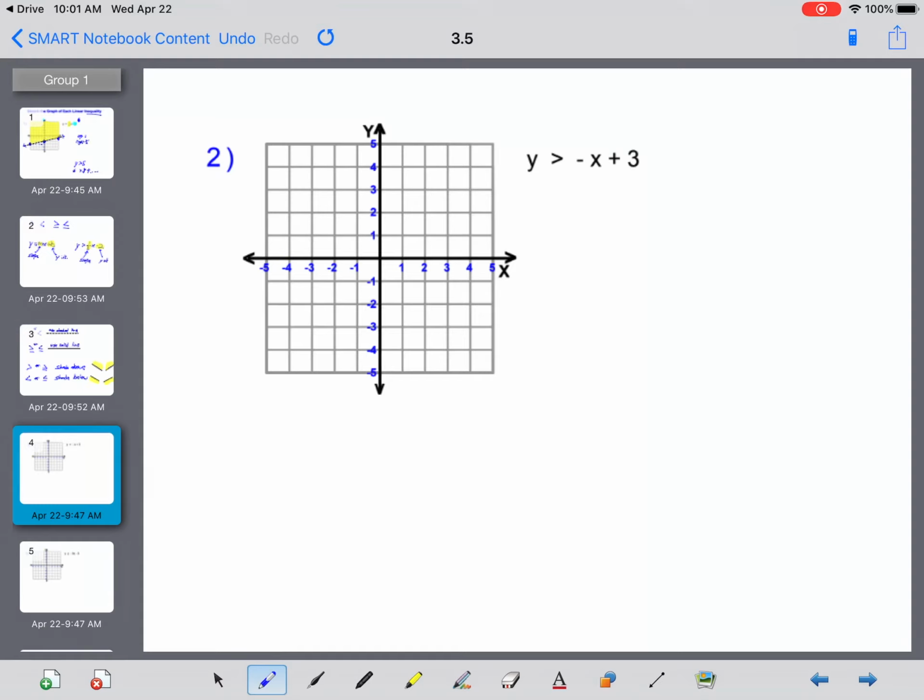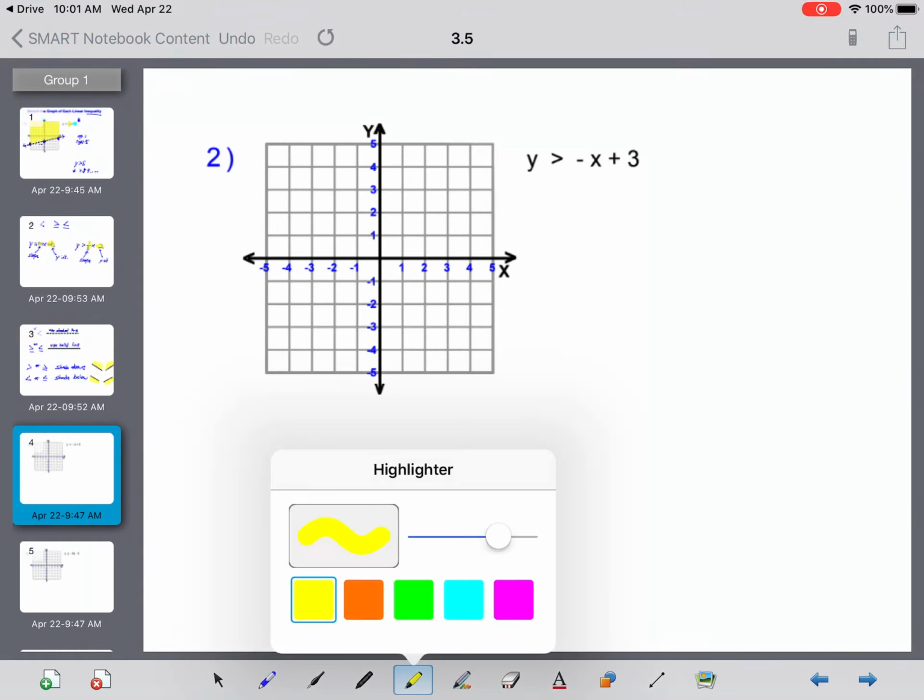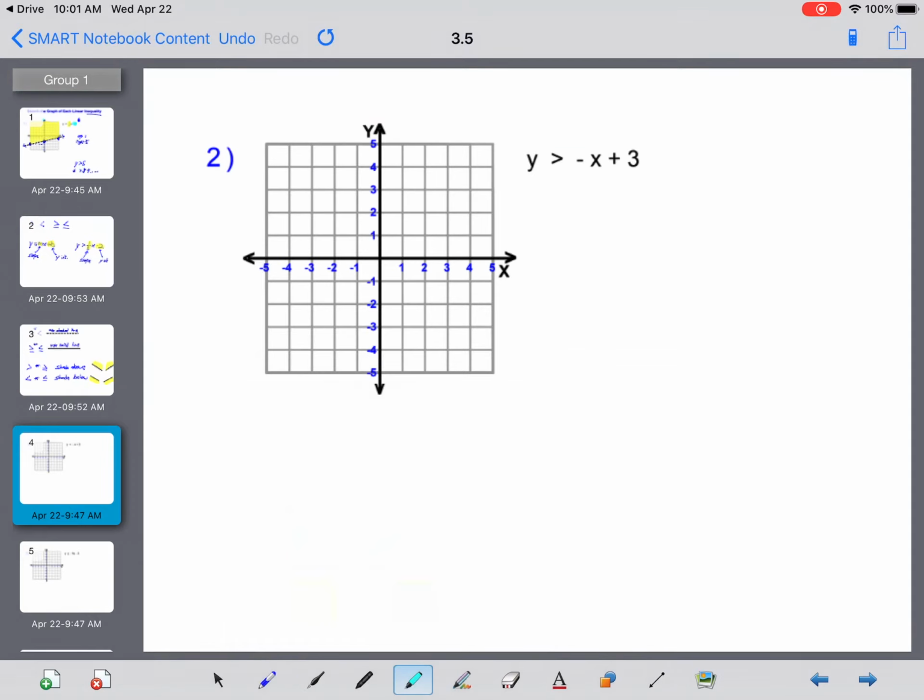Number two says y is greater than negative x plus 3. Again, we're going to try and find that y-intercept where we cross the y-axis, and it is at positive 3. So put a nice point right at positive 3. As far as slope goes, I just see a negative x here, but really we all know that there's a negative 1 in there.